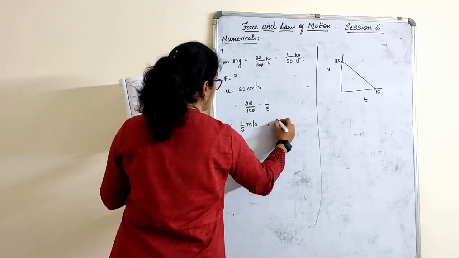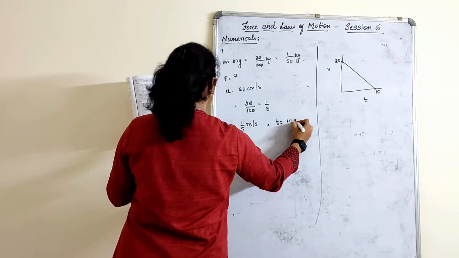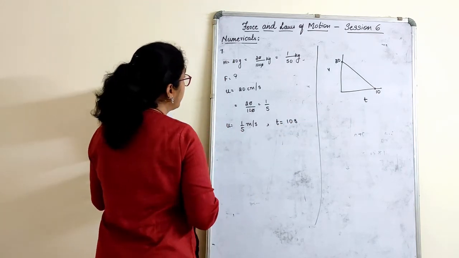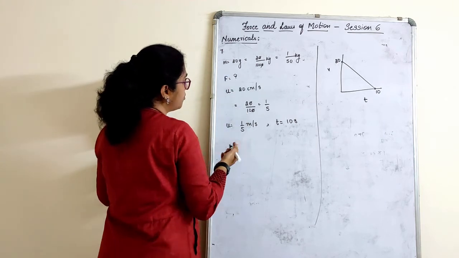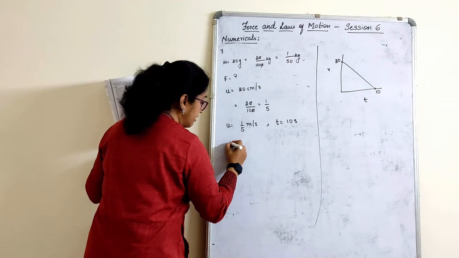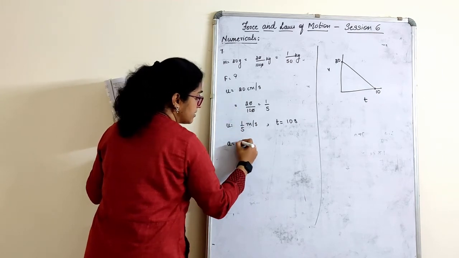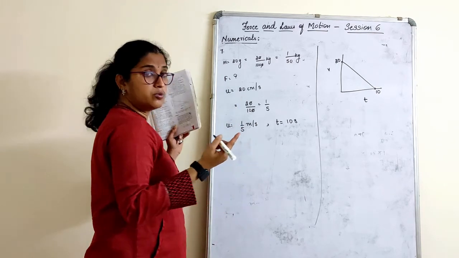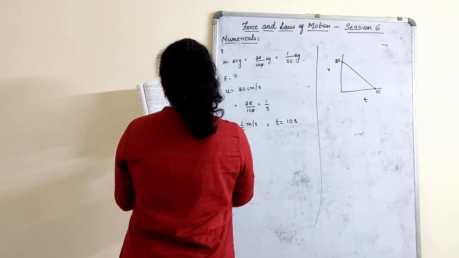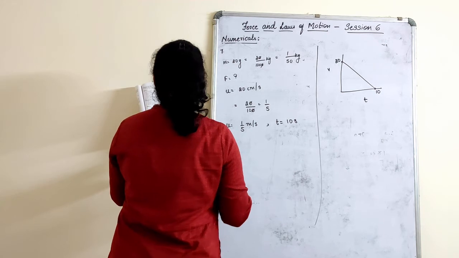Next, what is being mentioned here? Time is equal to 10 seconds. Now, what do we have to calculate? Force. To calculate force, what do we want? Same formula. Since so many fractions are there, first calculate acceleration, or directly we can substitute them. Or v minus u, that also can be done. What is v?